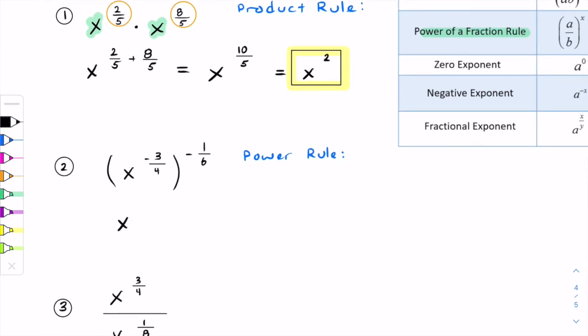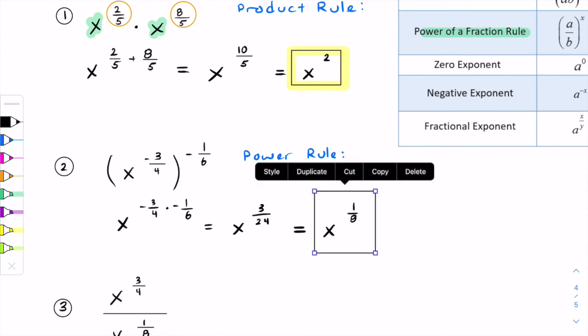This is going to become x to the power of negative 3 over 4 times negative 1 over 6. When we multiply these exponents together, two negatives make a positive. This gives us 3 over 24. That's positive 3 over 24. We simplify that exponent to 1/8.